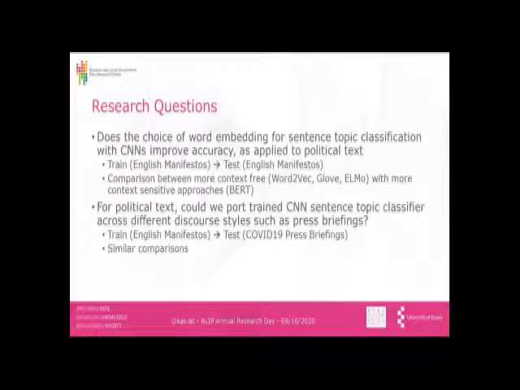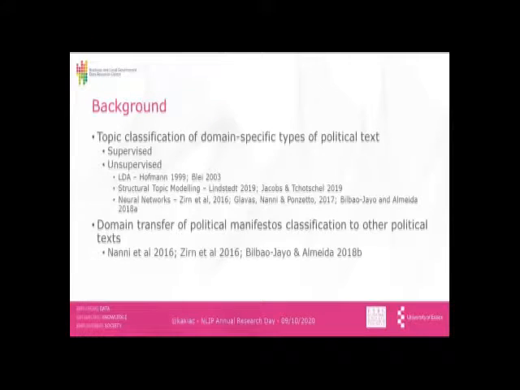So what I'm doing is I'm applying what my training set already knows to a test data set of COVID-19 press briefings that I have been collecting since March, and I'm doing similar comparisons. The use of these computer science and deep learning methods is fairly new to political science to some extent, especially the unsupervised ones.